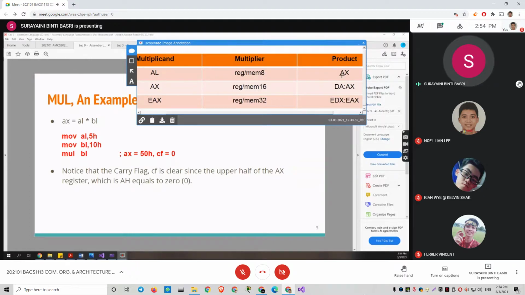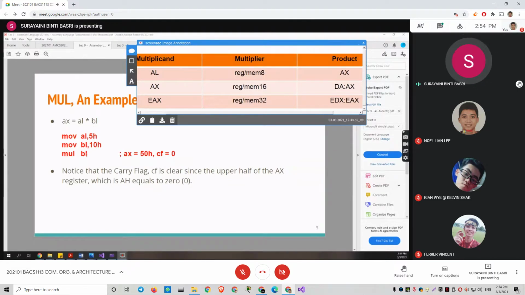So you see here, AX. Whatever is stored in AX is the result of multiplication from AL and BL. This is the formula. The multiplier here is BL, and the multiplicand is AL.